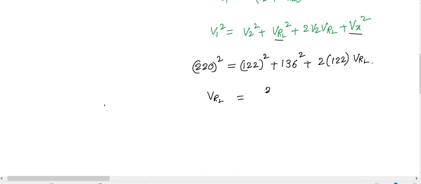So VRL equals (220 square minus 122 square minus 136 square) divided by (2 into 122).